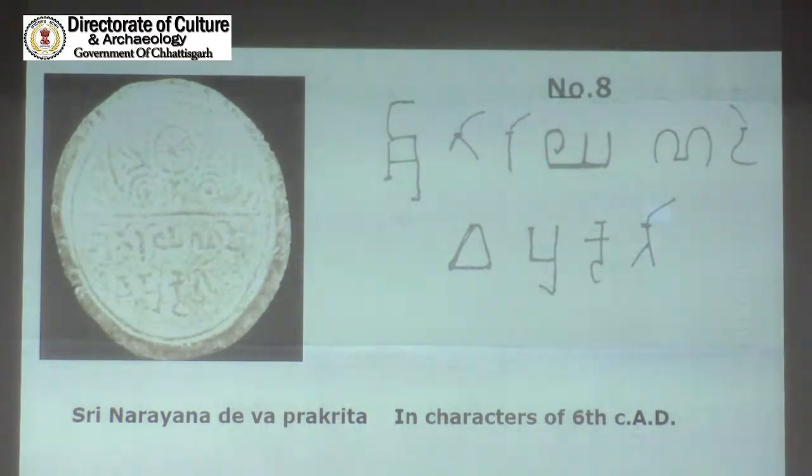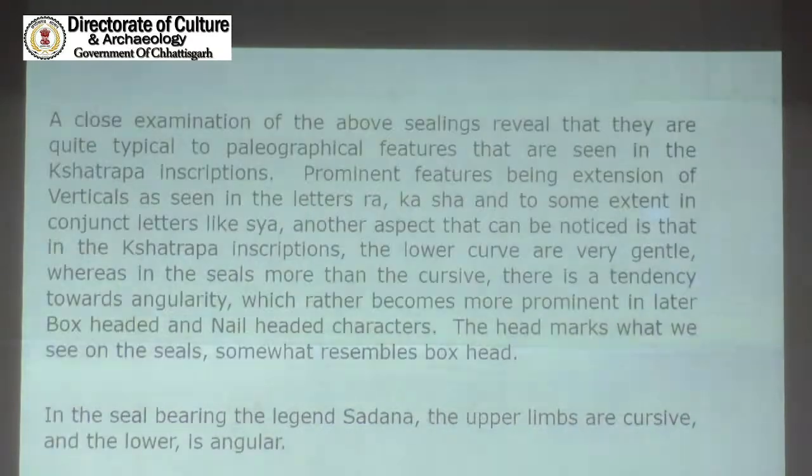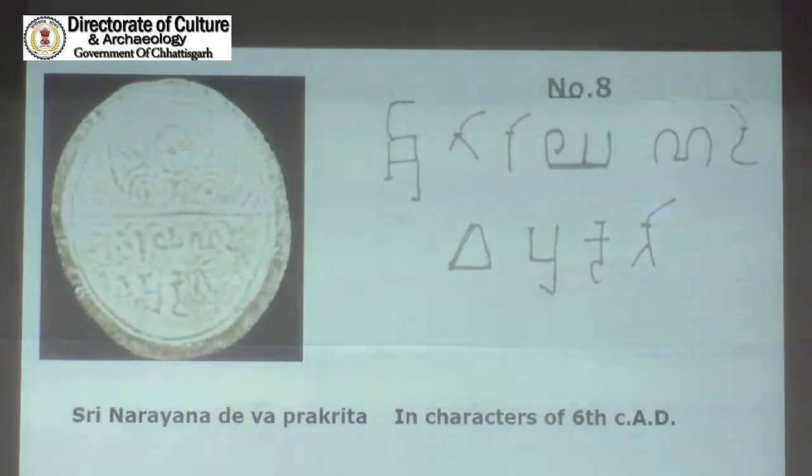So this is Narayana Deva Pratikrita or something, Prakriti. And I have given an explanation about it. But it's very different. As you see the upper half, what you usually see, it bifurcates.